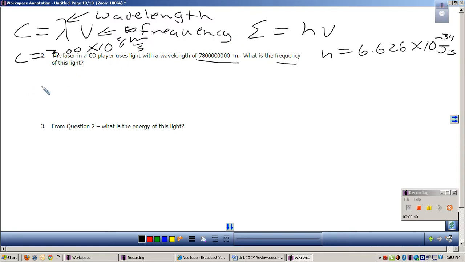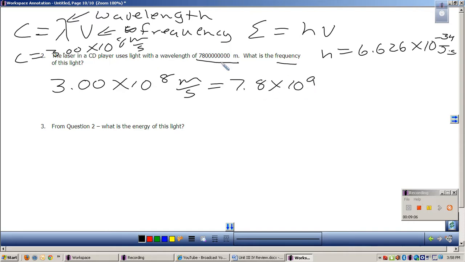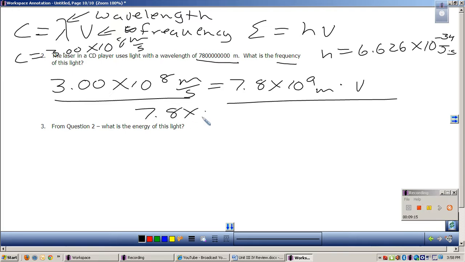So whenever we plug this in, we know what C is going to be, and we know what our lambda is going to be. We need to solve for V. So we do this: 3.00 times 10 to the 8th meters per second equals 7.8 times 10 to the 9th, put in scientific notation, times V. So I'm going to divide both sides by 7.8 times 10 to the 9th.